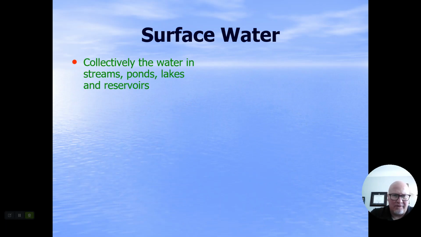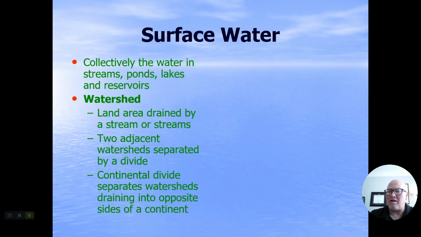Earth's surface water. Collectively, all of the water that's in streams, ponds, lakes, reservoirs, this all is referred to as surface water. And we have areas that are referred to as watersheds, and that's because all of the water in a particular area during the precipitation part of the hydrologic cycle will come together into particular bodies of water that are usually running.